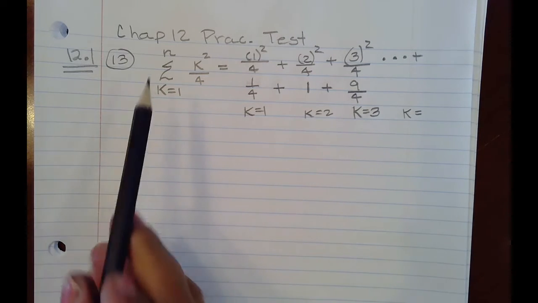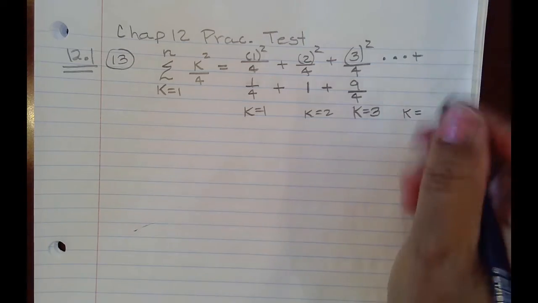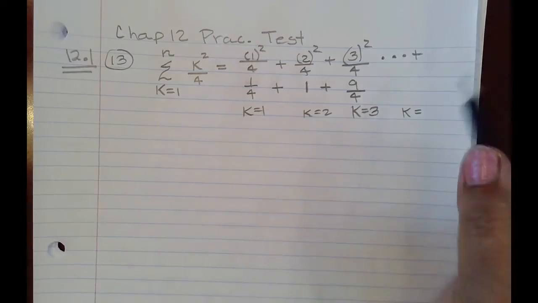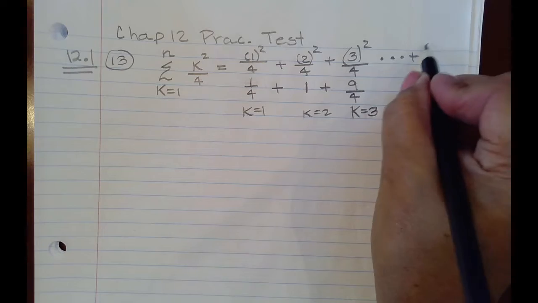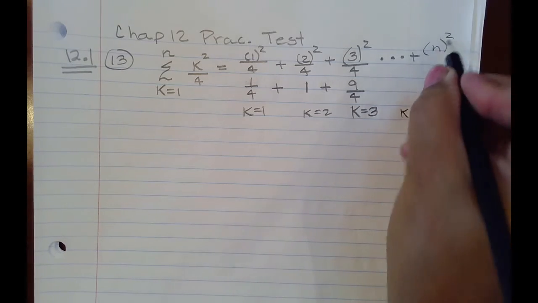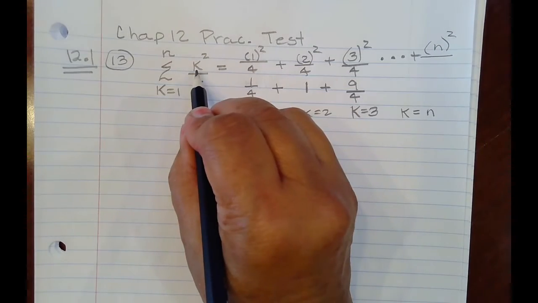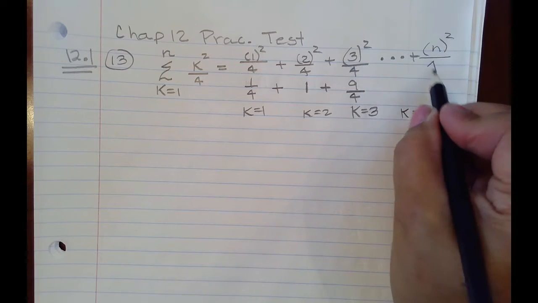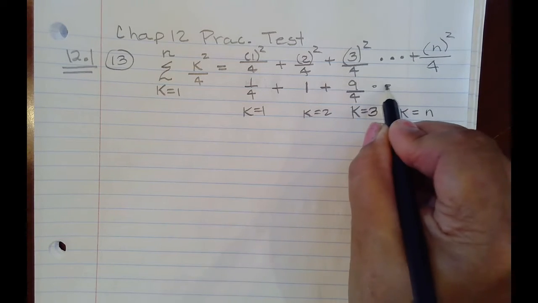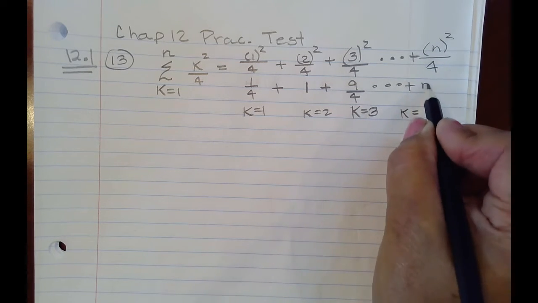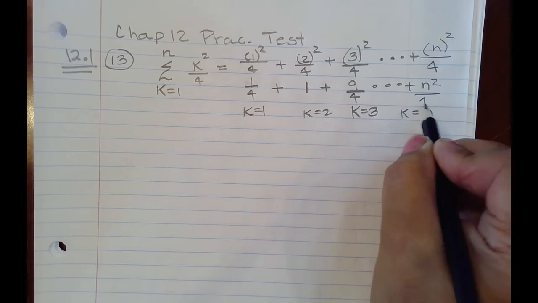They said to end it at a k value of n. So then it would be n squared in place of the k value over 4. And that's it.